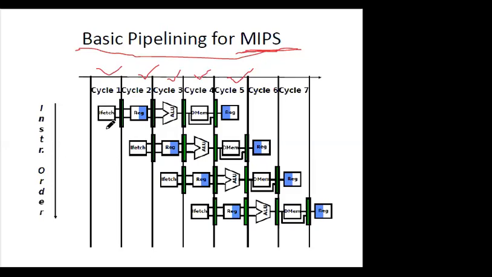As it moves on to cycle 2, going to the register set, the second instruction will be fetched at that time. So this process repeats, and subsequent instructions can be carried out in the pipeline, and so on.